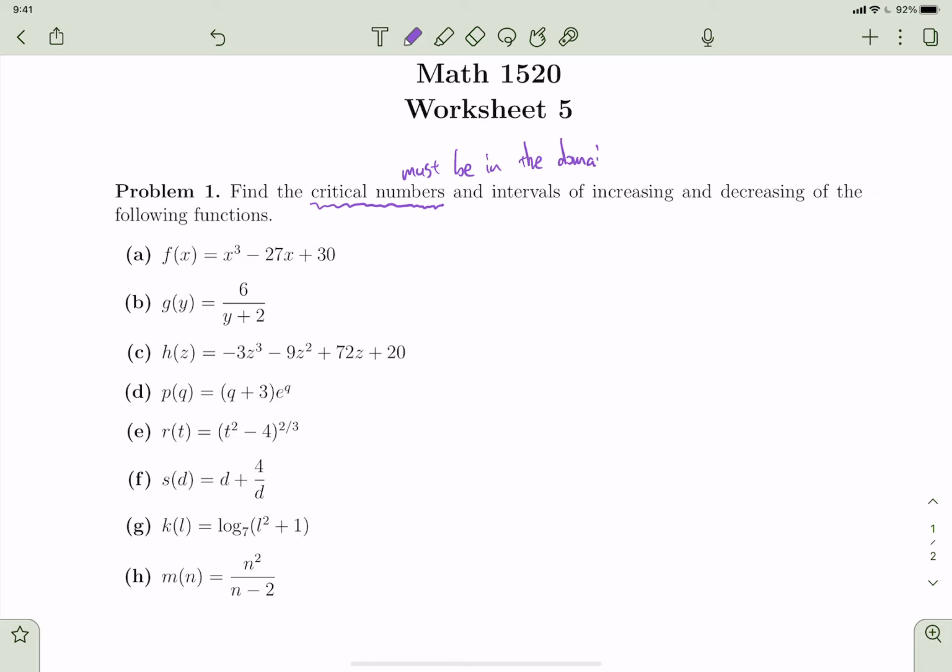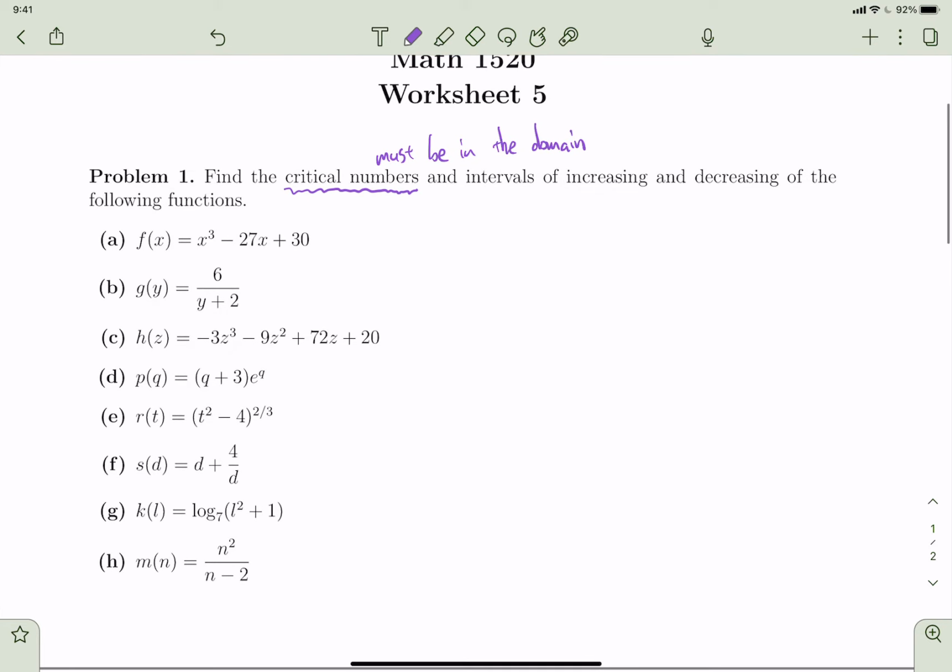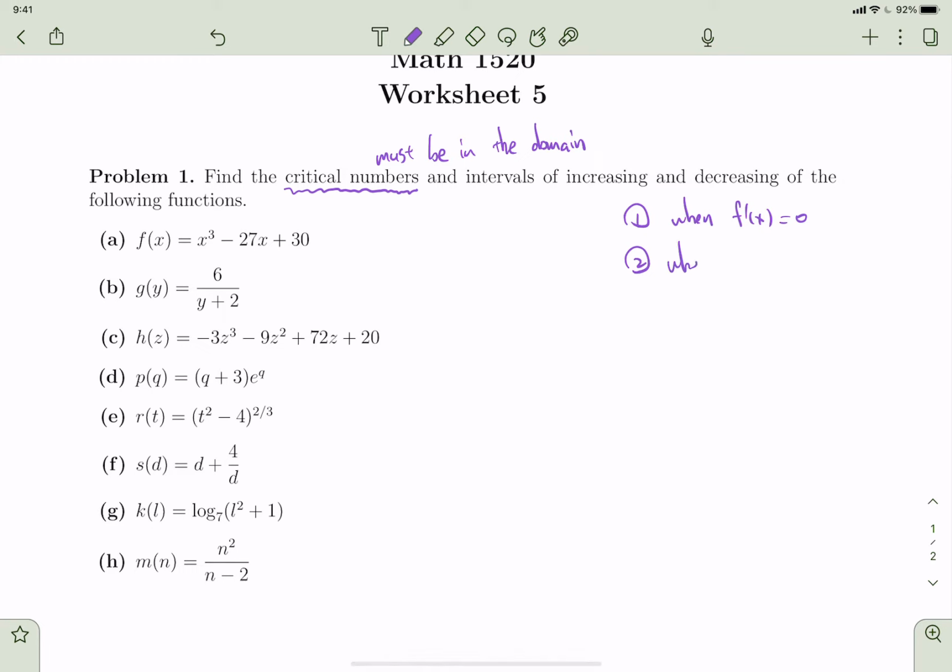This is the very first assumption that we must have. And apart from that, there are two types of critical numbers. The first type is those that make the derivative equal to 0. And the second type is when the derivative does not exist.